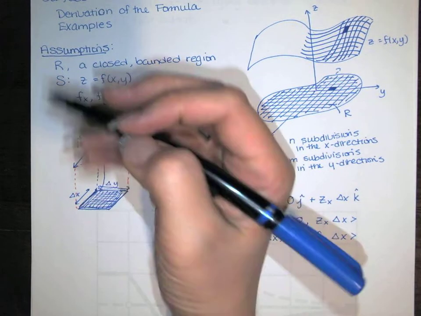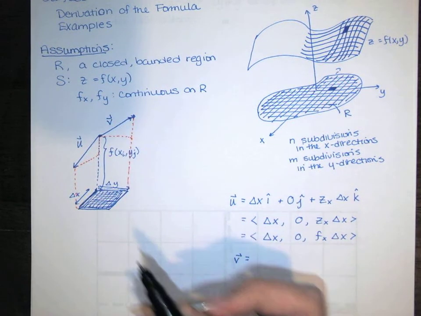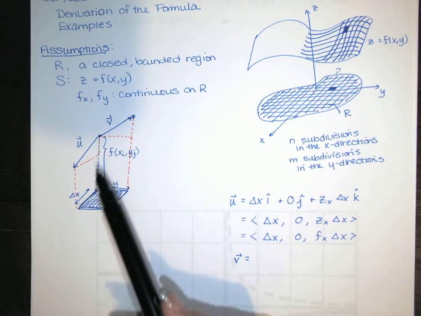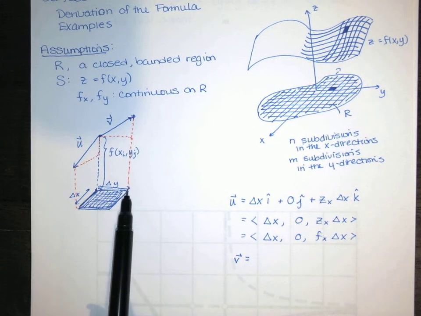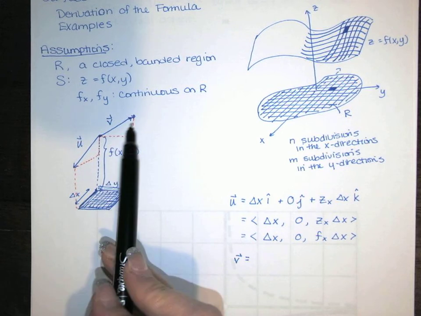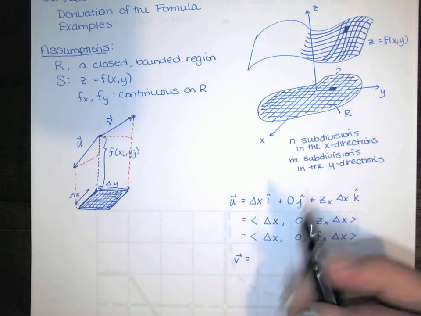I'll call that the vector v. That's a little bit hard to see, but that lies entirely above this line segment in the xy plane. It doesn't go in the x direction at all. It goes in the y direction, delta y units.